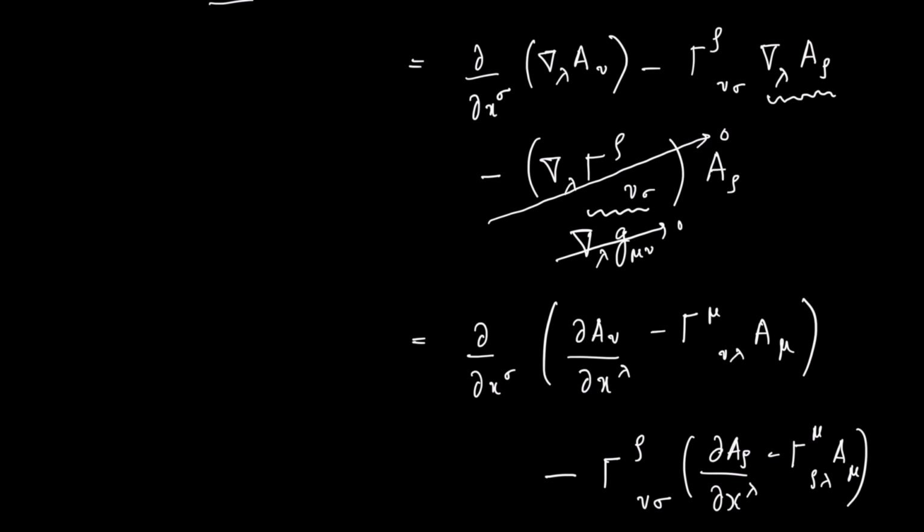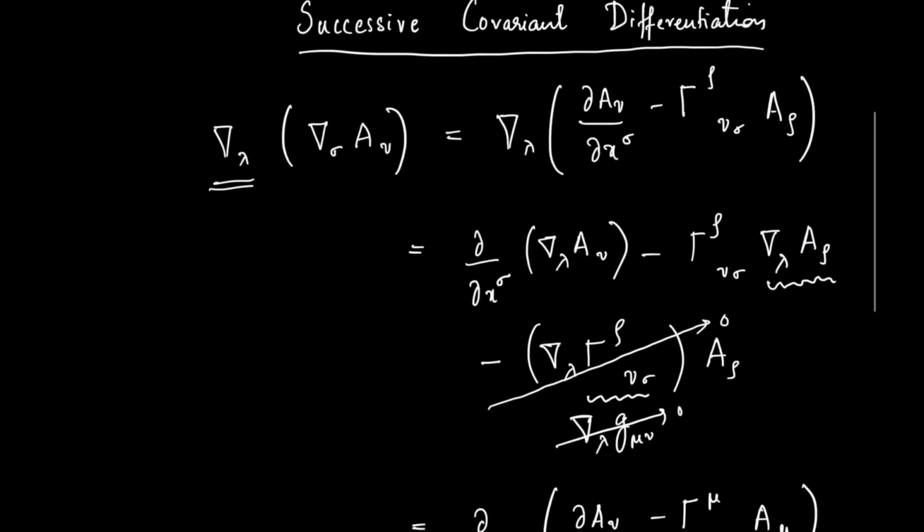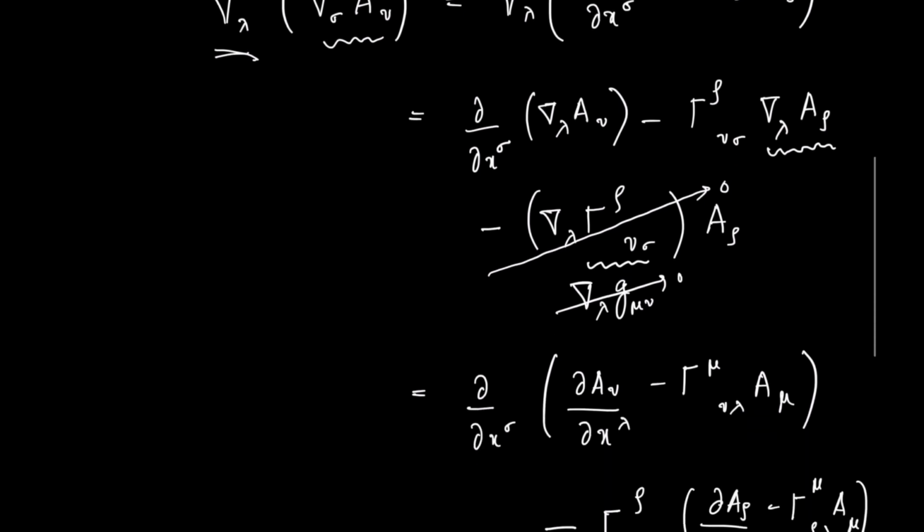Hence, I have taken the covariant derivative with respect to sigma first, and then the covariant derivative with respect to lambda, right? So twice I have taken covariant differentiation, which means this is successive covariant differentiation.